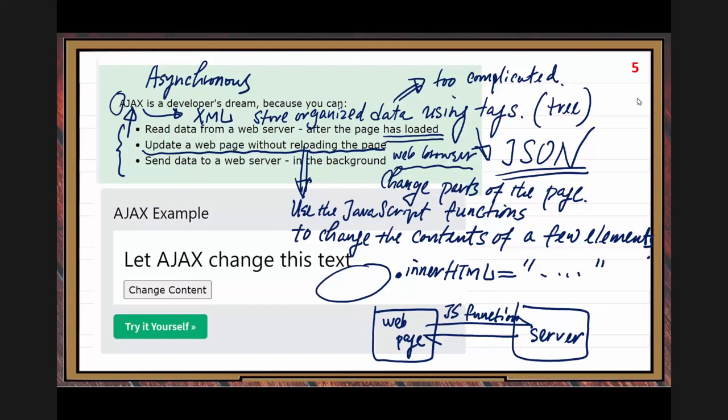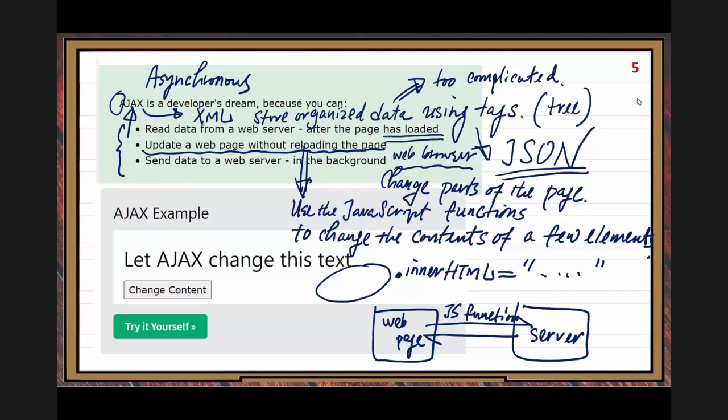When you do actions on that page, you don't want to reload the page. You want to stay in the same page, but the data communication occurs behind the scenes. The JavaScript function does the data communication. That's the power of AJAX.